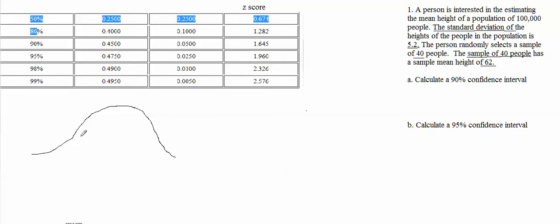So I'll draw the shape of the sampling distribution, and let's look at the z table. Let's look at this table right here to look at what our confidence coefficient will be. First, I'll actually write out the formula that we're going to be using for the confidence interval.